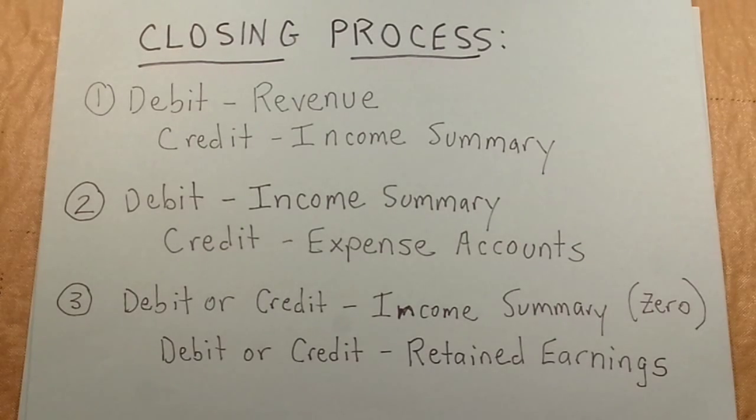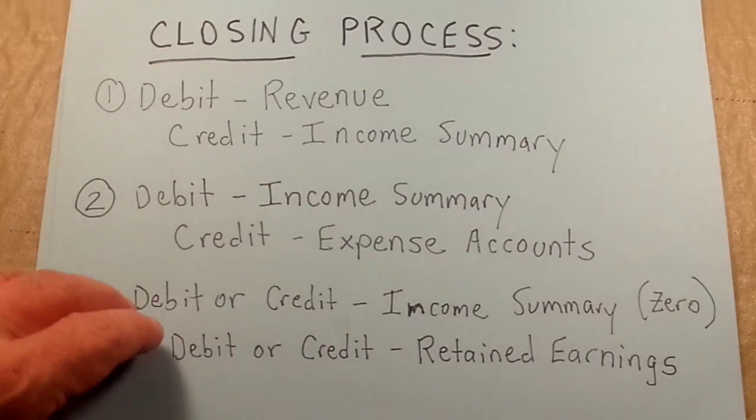So in the third entry, if we have net income, we're debiting income summary and crediting retained earnings. But if we had a net loss, we would be debiting retained earnings or reducing it and crediting the income summary. And I've written out to the side of journal entry 3 here that this is to zero out the income summary account.